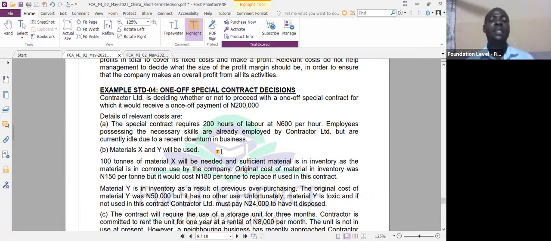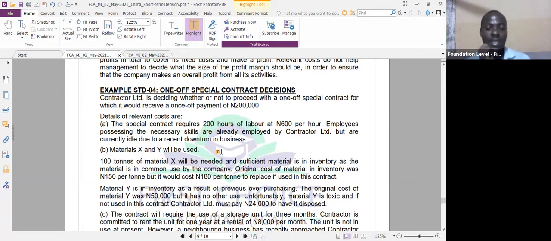Will you buy it at the rate you bought it last time, or will you buy it at the current market price? So you see here that the inventory will be costed at 180 naira per ton, which is the current market price, and not the 150 naira that was used in buying it before now.